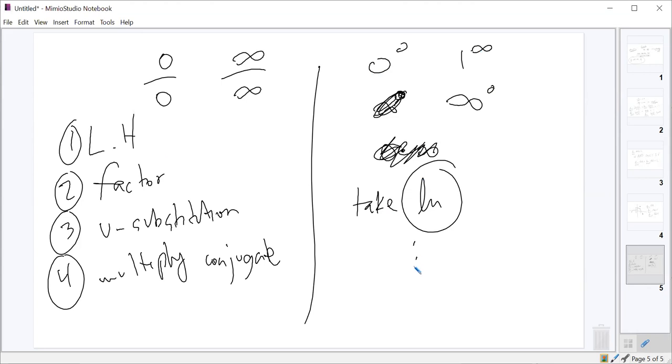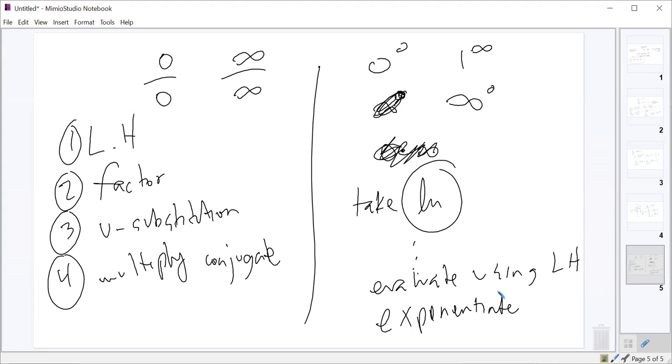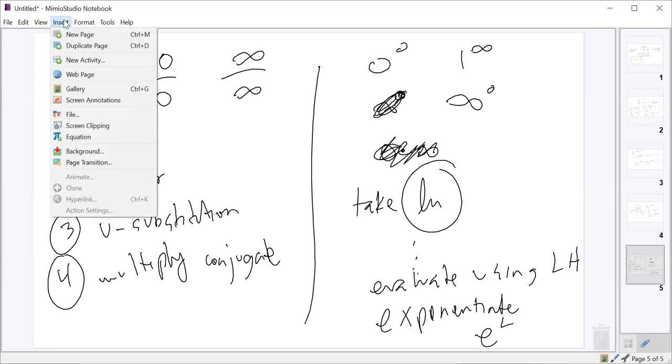But you have to take the natural log and then you evaluate it, usually using L'Hopital's rule. And then at the end, you have to exponentiate it. Whatever your result is, that's not actually the answer to that limit. That's the answer to the limit of the natural log of the function you're looking at. And so you end up with e to that L value. I know I got that one written down in that document that I gave you guys. You guys all remember doing that? Hopefully.